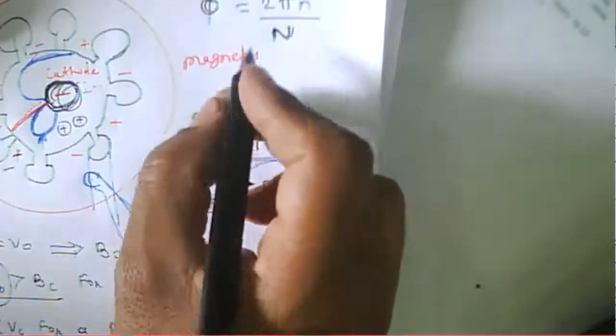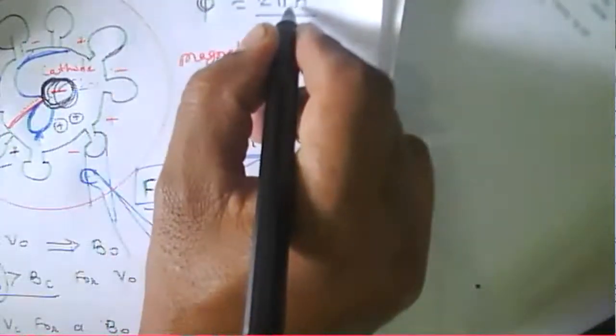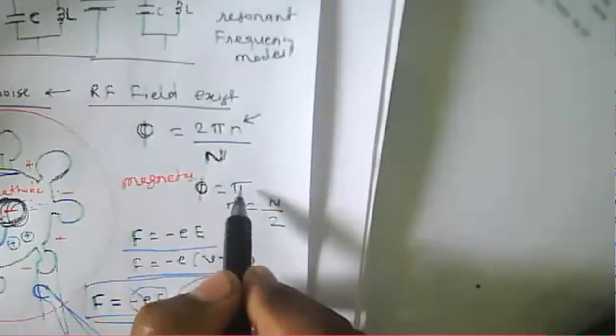So in the general case, when φ becomes π, n will be N/2. In that case, the π mode of oscillation will take place, so that a maximum oscillation will be obtained.